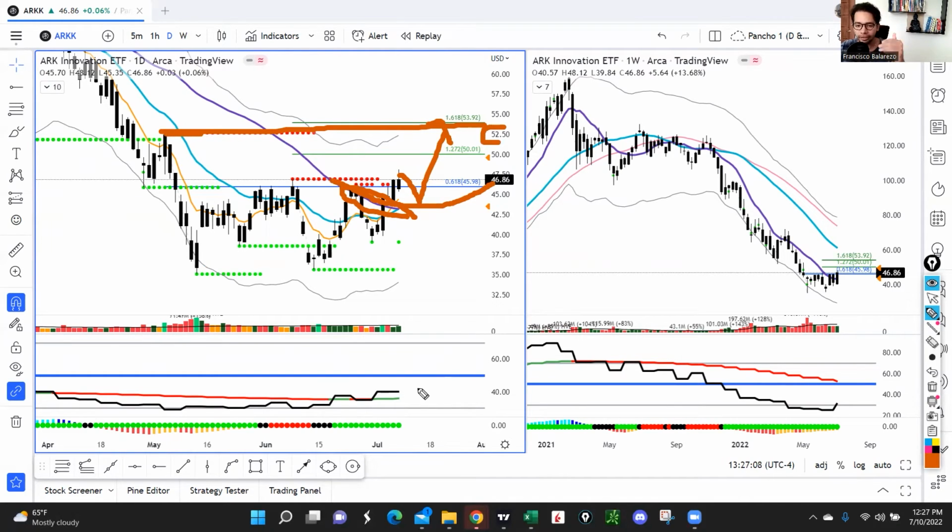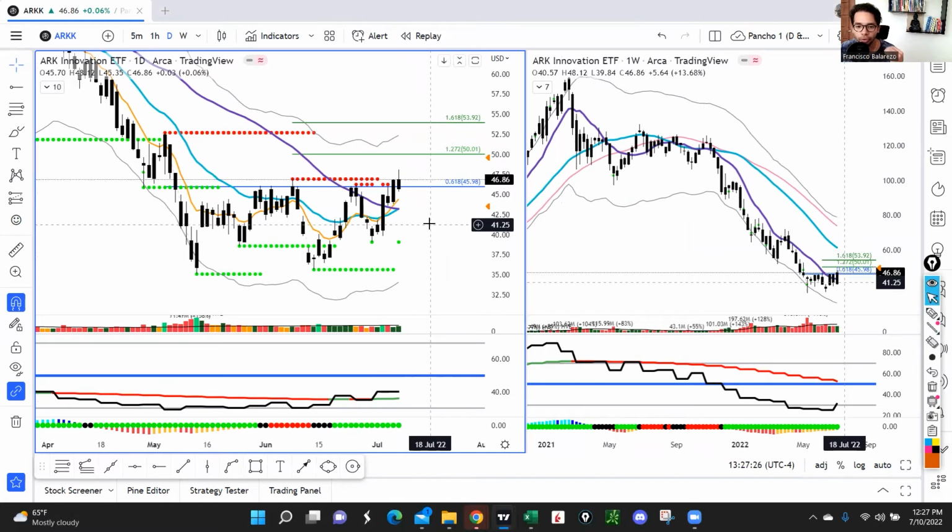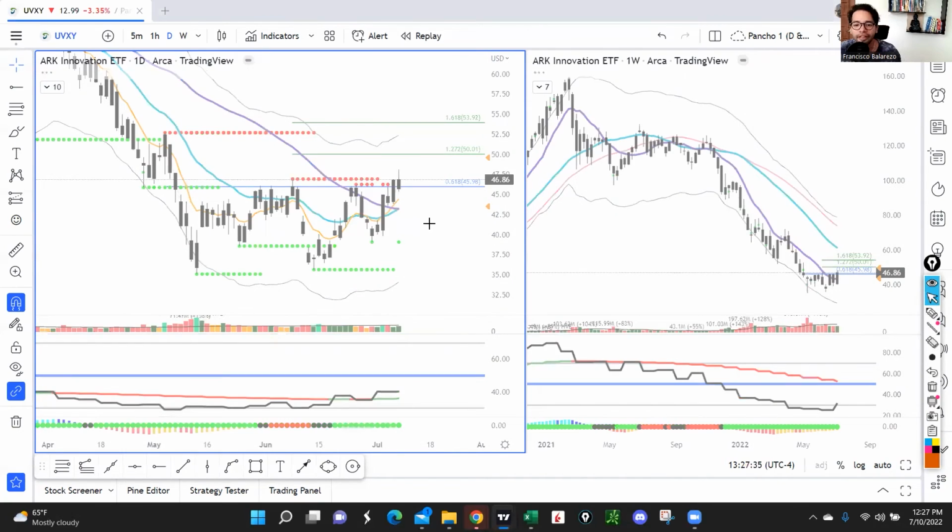But in terms of my indicators and looking at price action, I can see that this setup is forming pretty constructively for a short-term squeeze and a considerable move to the upside. So this is actually looking pretty interesting. And I think that we're going to see some pretty interesting moves in tech-related names or high beta names in the ARK ETF. Now let's take a look at the UBXY and the VIX ETF.